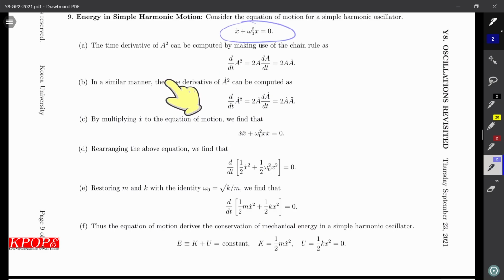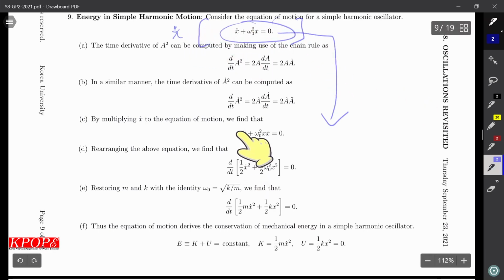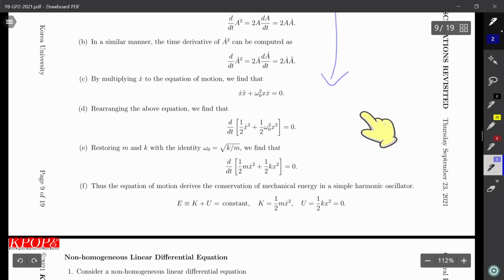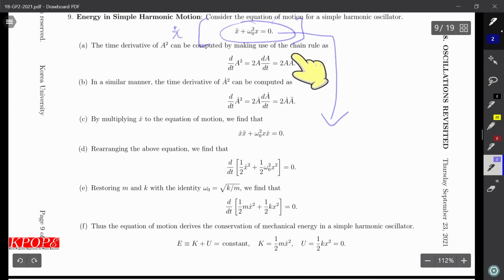In a similar manner, the time derivative of a dot squared can be expressed as 2 times a dot and a double dot. All right. So we multiply by x dot here. Then what we obtain is x dot times x double dot plus omega 0 squared times x times x dot. Rearranging this equation, we proceed by making use of this one.